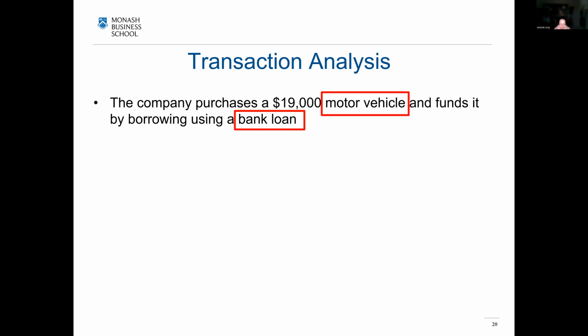And according to the description of the case, the second account affected is a motor vehicle, which is an asset account. So the two accounts we identified are bank loan and motor vehicle. So our first question, which accounts are affected, is already done. Then the next question is: what happened to these accounts, increase or decrease? So what happened to motor vehicle?